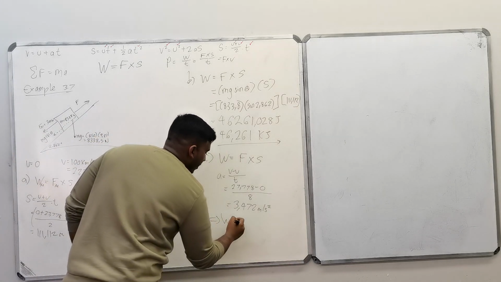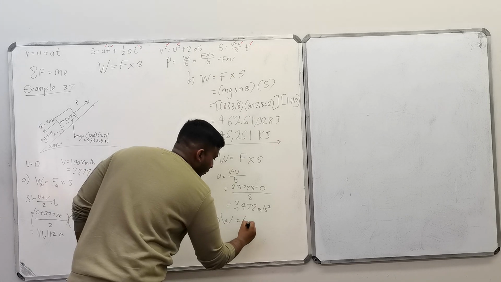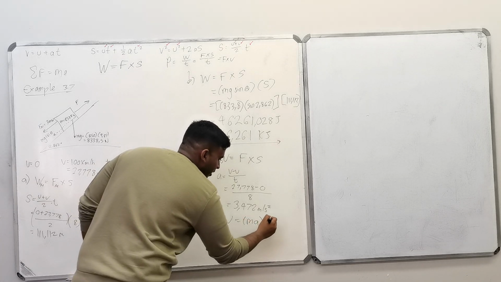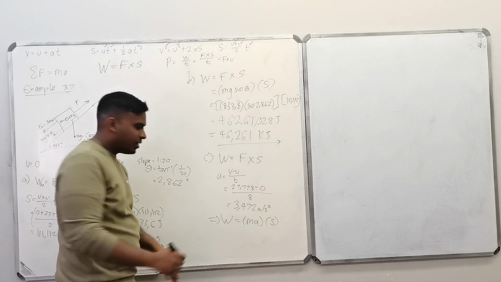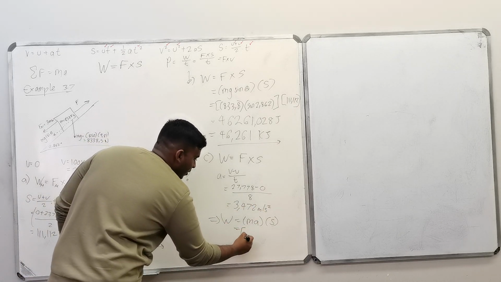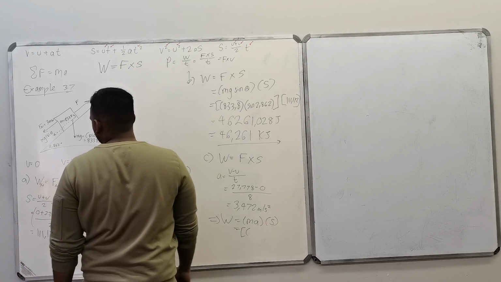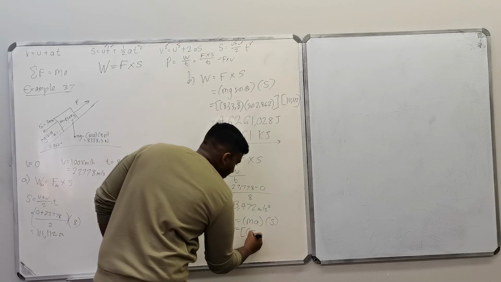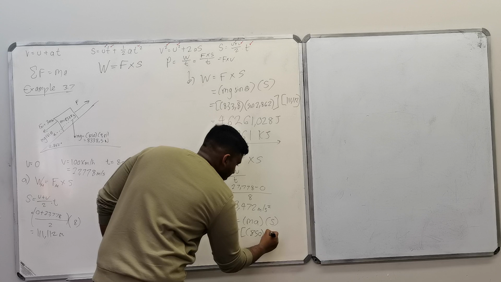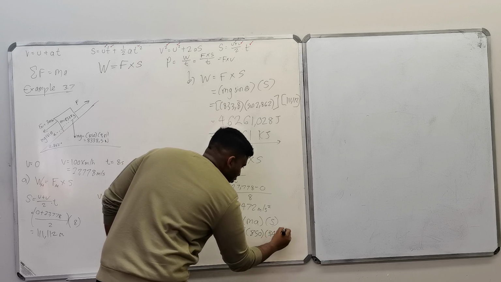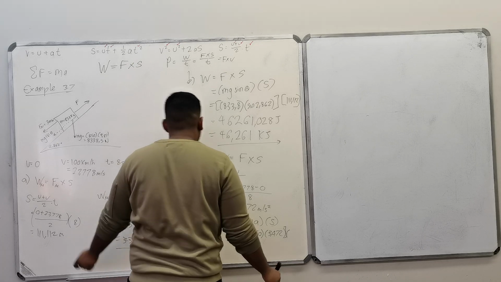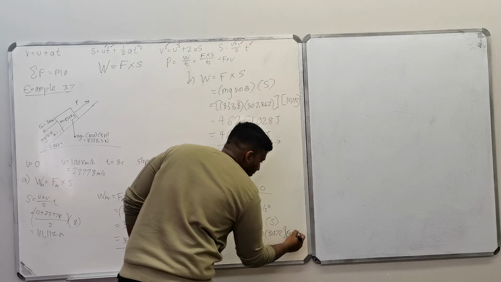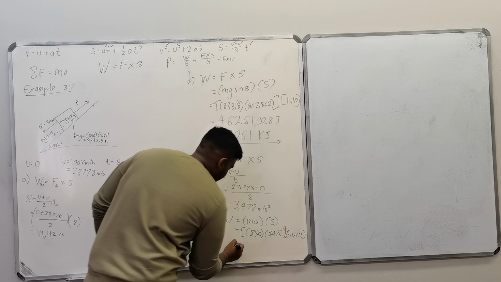So therefore your work would be equal to the force, which is mass times acceleration, and then all times distance. So this here is equal to 850 times 3.472 times 111.112. Now what do you get?